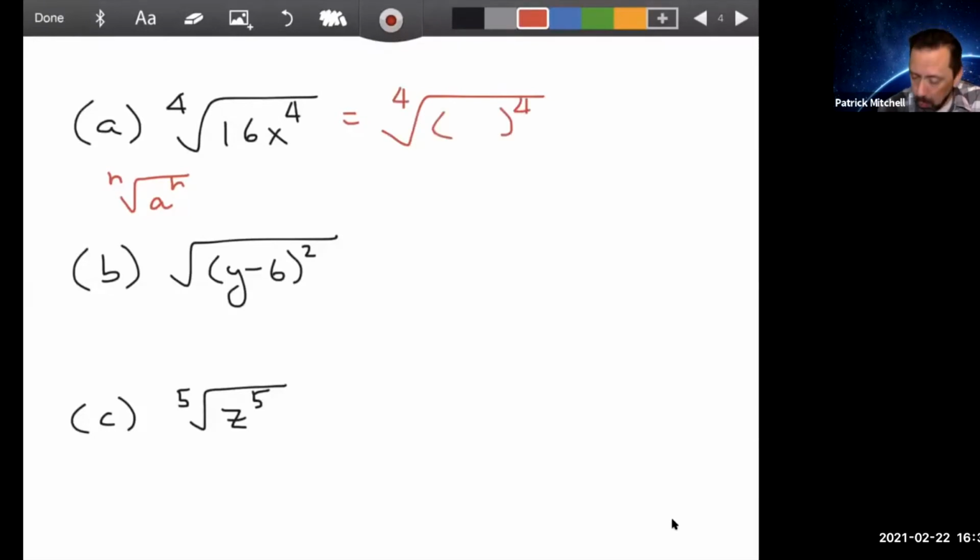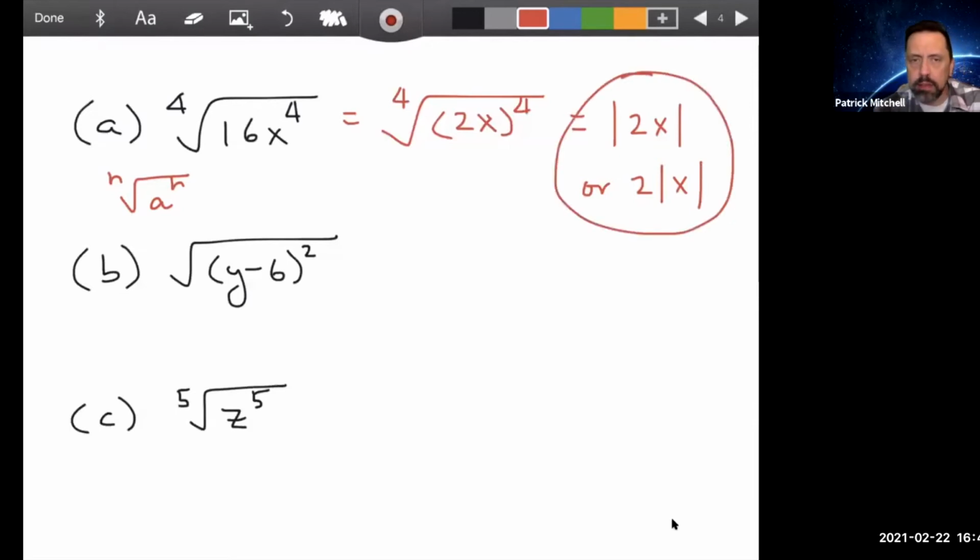That whole thing would be 2x, okay? And then 2x has kind of taken the place of my a in the rule. And so because the index is even, this is equal to the absolute value of 2x. You can also write it as 2 times the absolute value of x. Hopefully, your online homework will not care which way you write it. I would be very happy with either one of these.